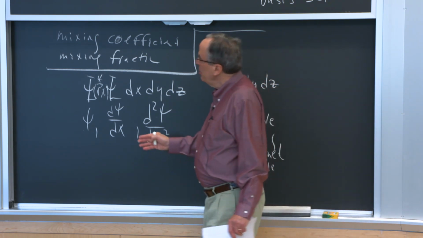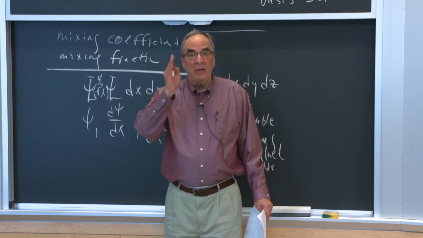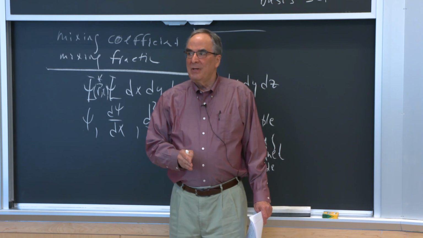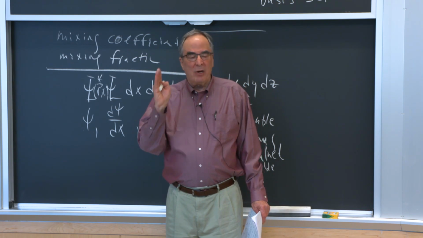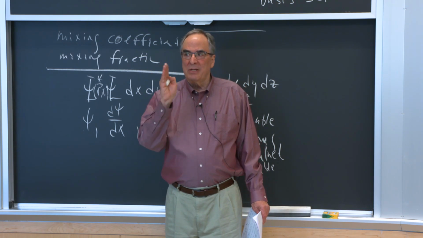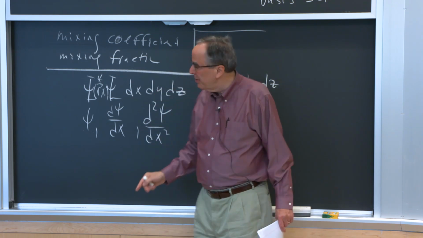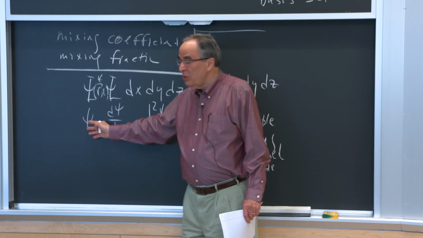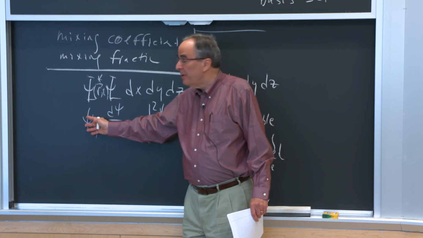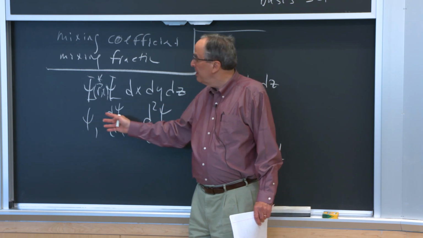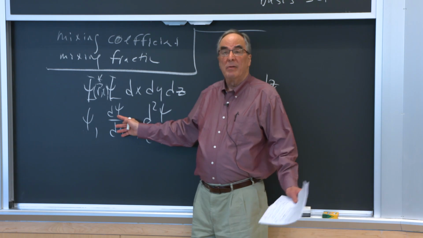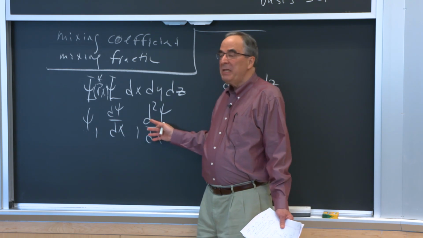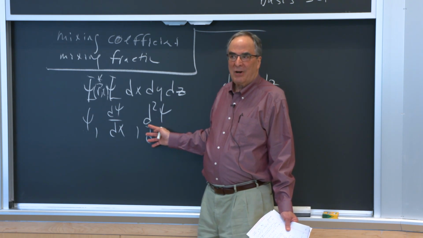Now, when you have problems where you divide space up into regions, you're often trying to establish boundary conditions between the different regions or at the borders. And the boundary conditions are usually expressed in terms of continuity of the wave function and continuity of the first derivative. And we don't need this often.